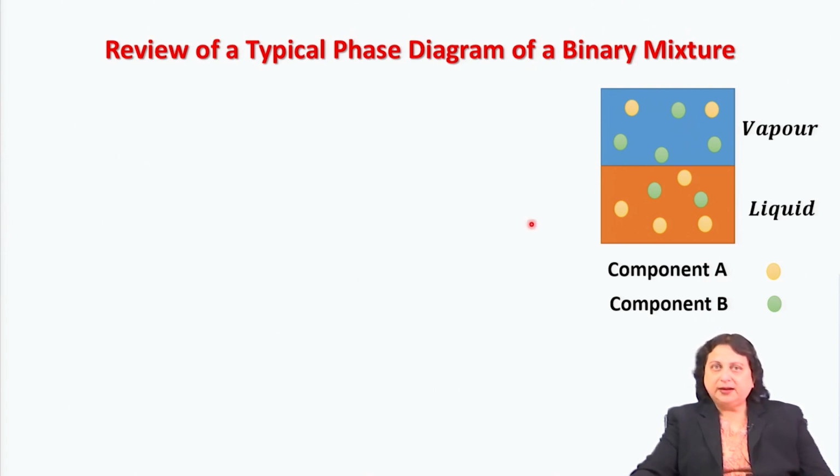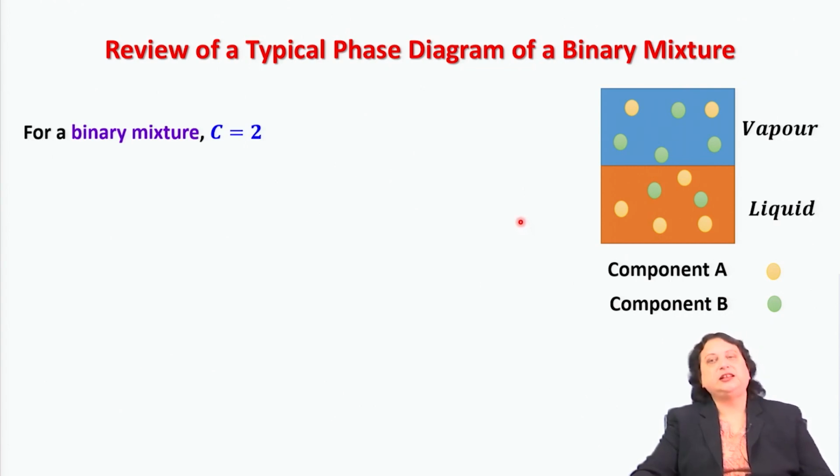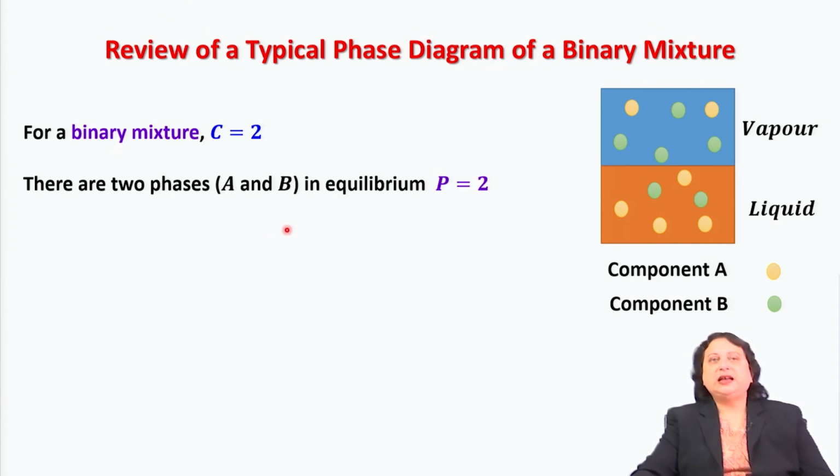Now, for a binary mixture in a situation like this, where I have both the liquid mixture and the vapor mixture coexisting in equilibrium, I must understand that the number of components is equal to 2, and it happens all throughout the vial irrespective of whether I have the liquid mixture or the vapor mixture of A and B. Now, there are 2 phases here, unlike the case where I was talking about a pure substance.